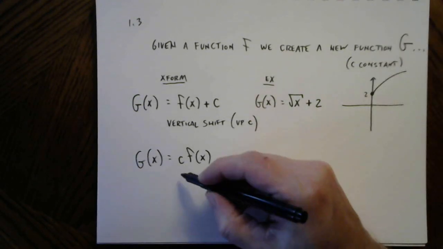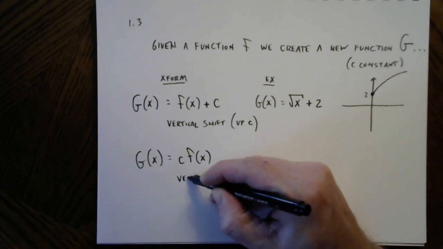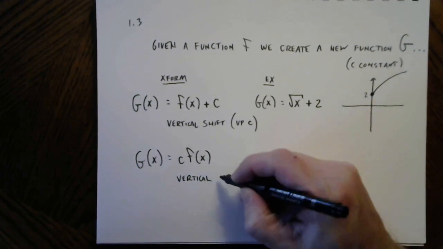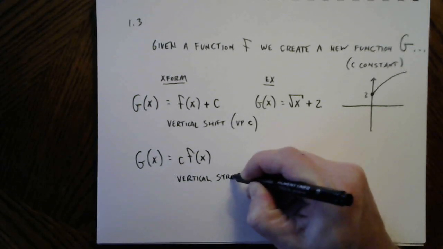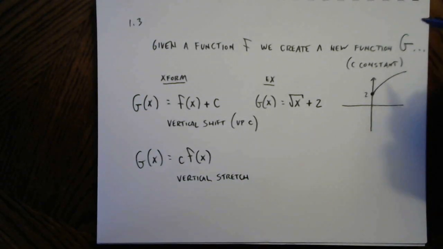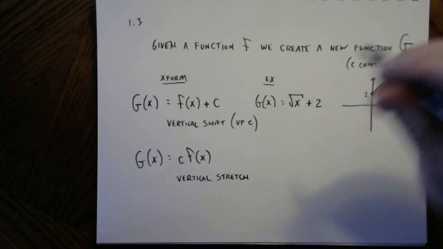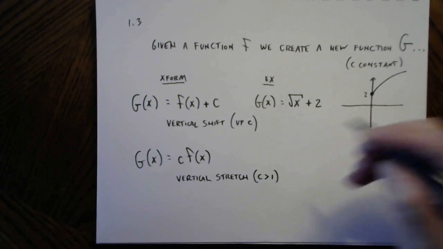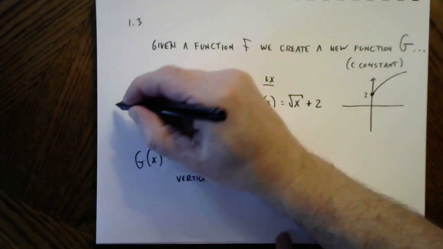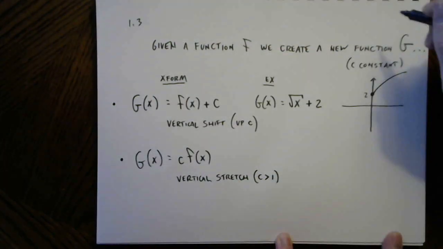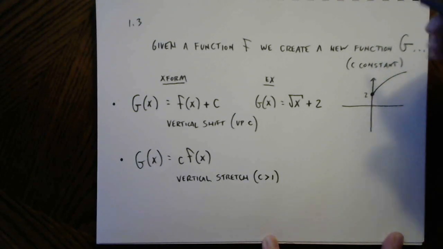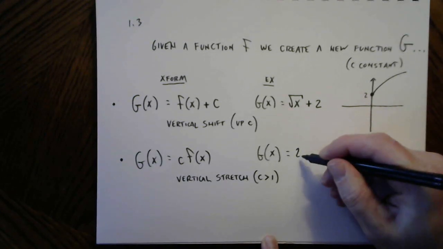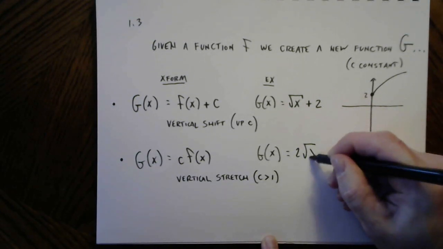This is going to be a vertical stretch, for lack of a better word. And it's important to note that's when c is greater than 1. So this is the first one, this is the second one. Again, I'll use 2, so this will be 2 square root of x.